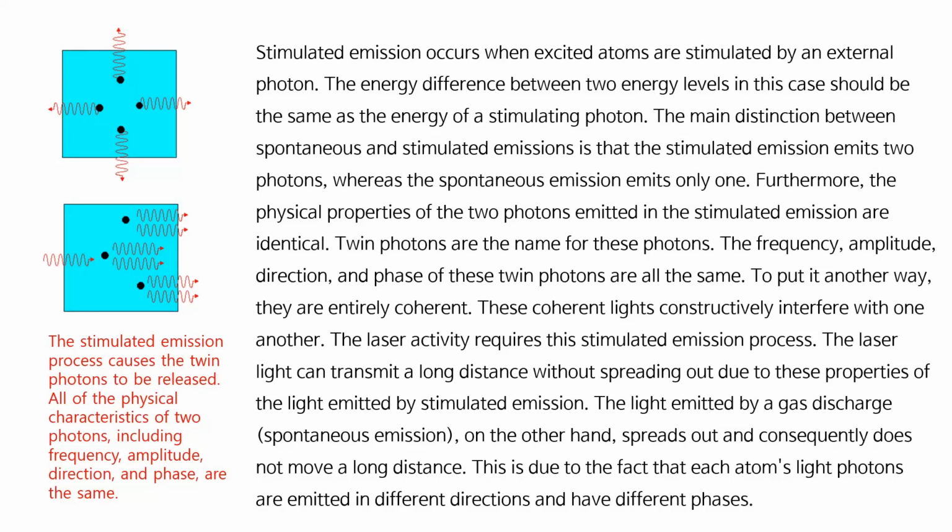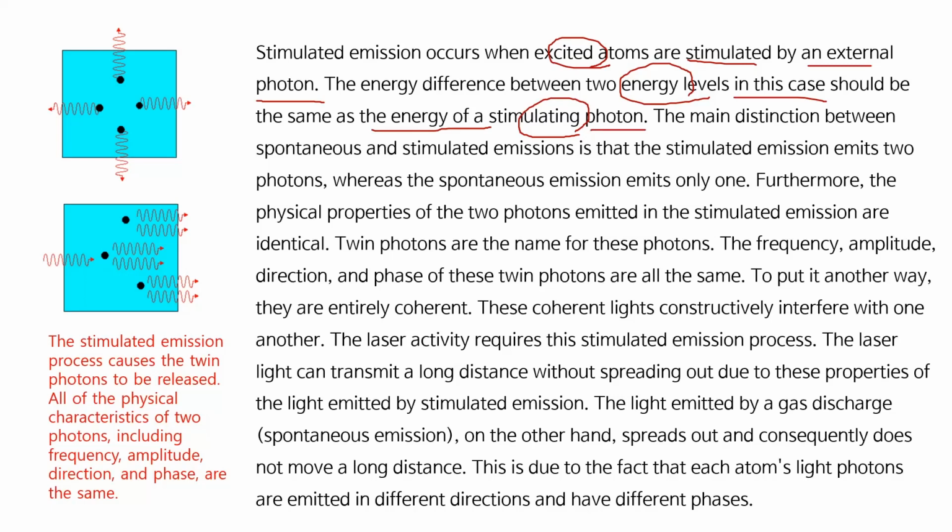Stimulated emission occurs when excited atoms are stimulated by an external photon. The energy difference between two energy levels in this case should be the same as the energy of a stimulating photon.